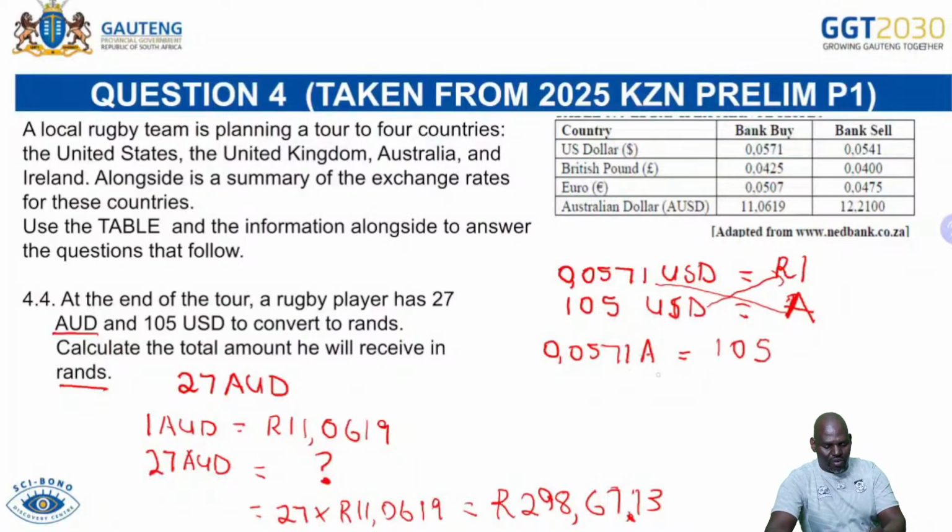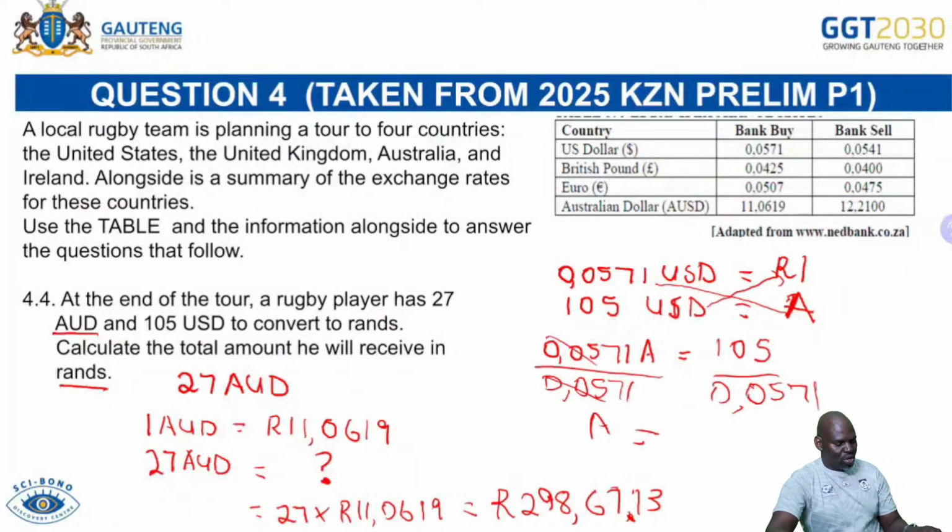Then I'm looking for the value of A, so I divide by 0,0571 on both sides. This one is cancelled out. A equals 105 divided by 0.0571.